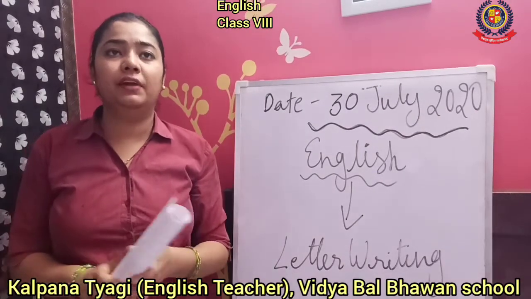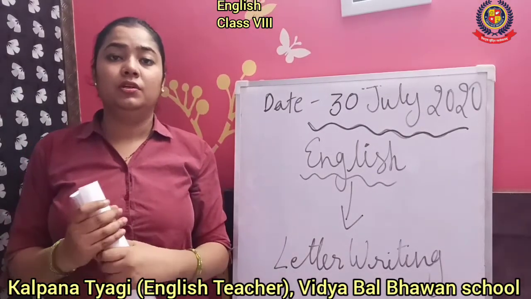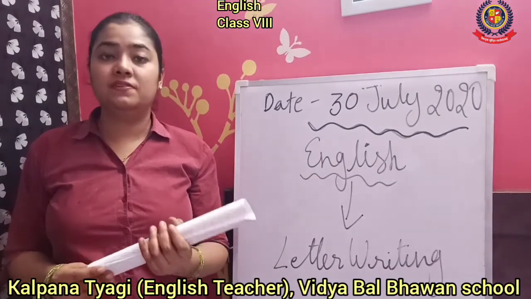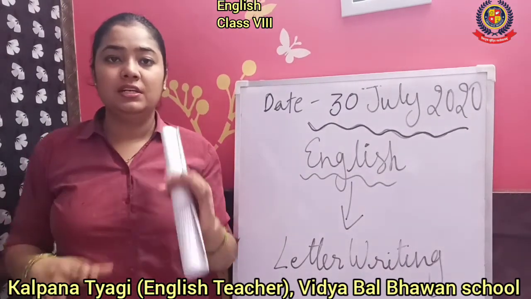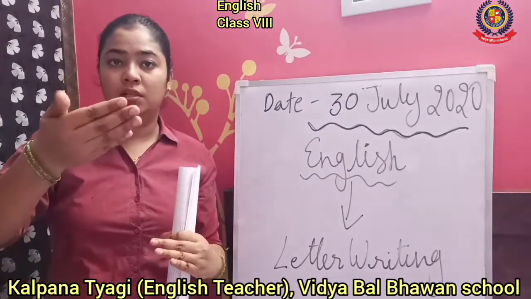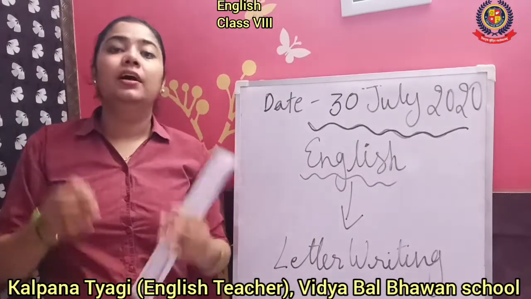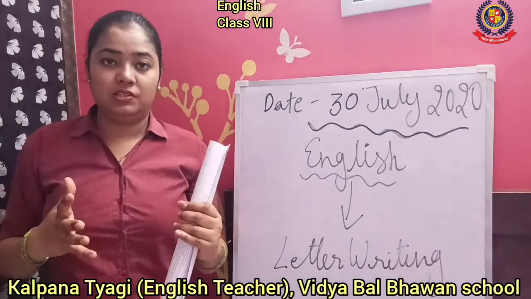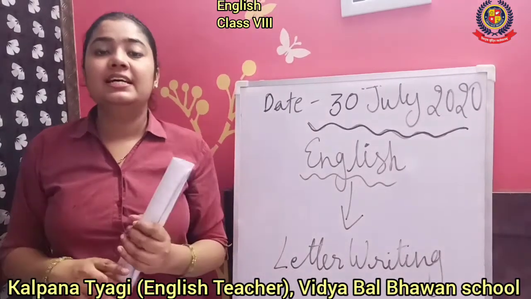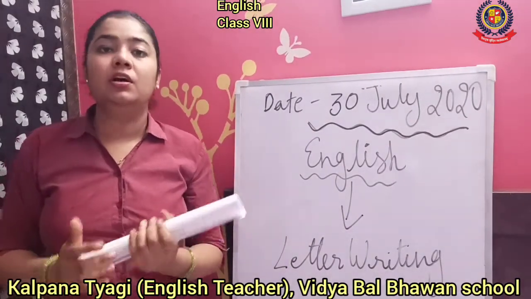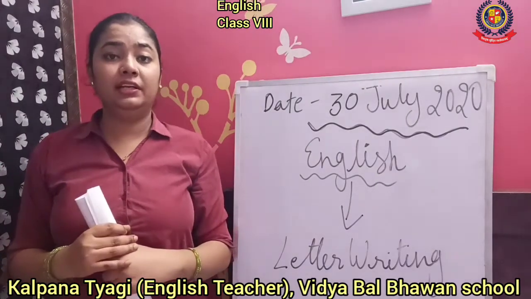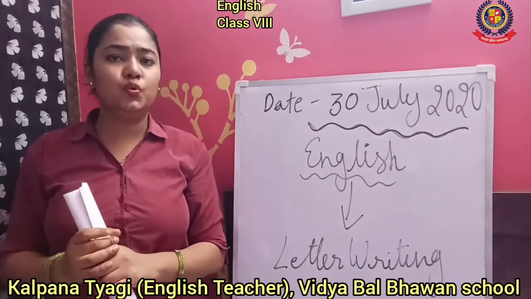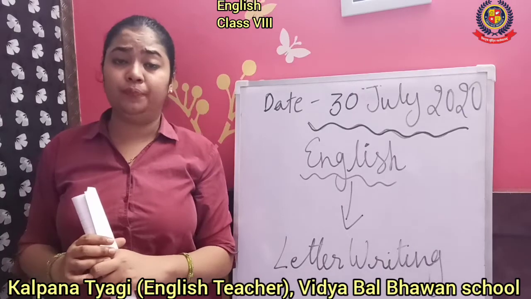When you were writing a letter to the principal, the format was: address of school, leave a line, date, leave a line, subject, leave a line, salutation, and then the body of the letter, which contained a minimum of 2 paragraphs, maximum 4.